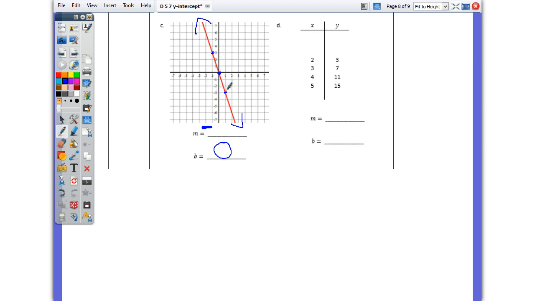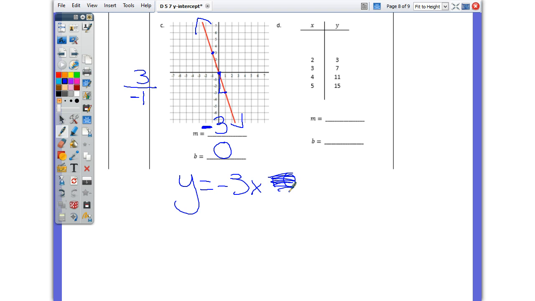If I go to this one, I go left, which is how many? A negative 1 over the rise, 1, 2, 3. So how do I simplify 3 over a negative 1? A negative 3. So tell me out loud what my equation would be. Y equals negative 3x plus 0, and we wouldn't need this, would we?